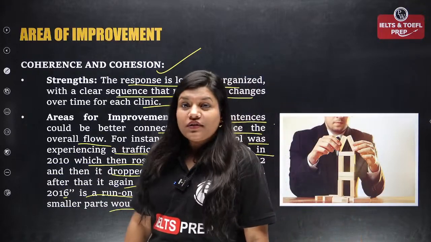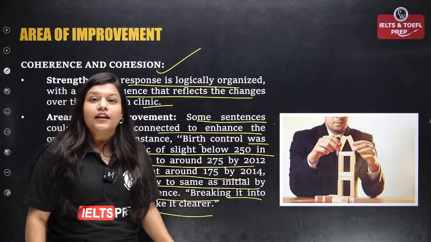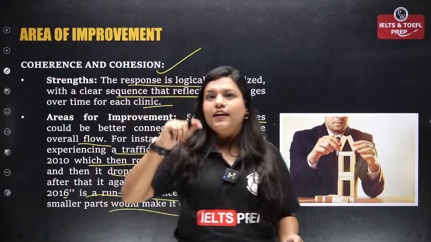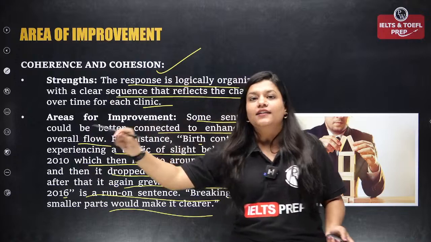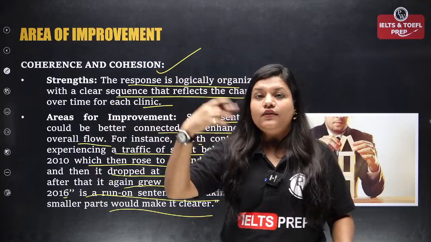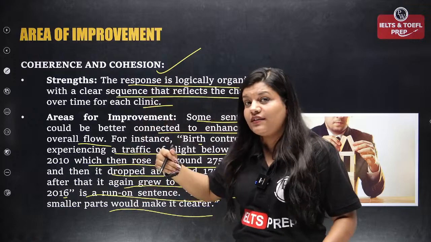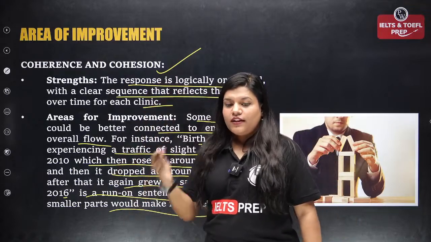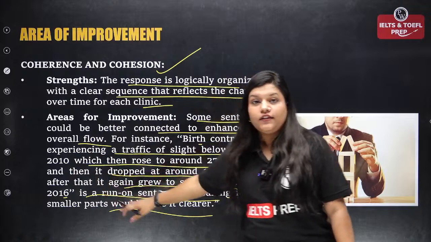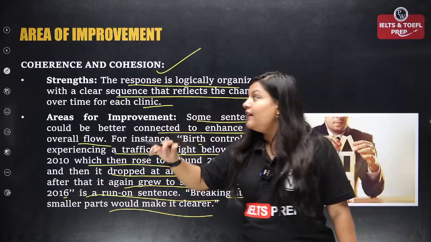Now, what is a run-on sentence? A run-on sentence is like the student has continuously mentioned the same thing, continuing the entire series again and again. Whatever is being seen, the student is entirely copying it up. So, in this year, it was this. In this year, it was this. So, this is a run-on sentence going on. Now, breaking the sentence.